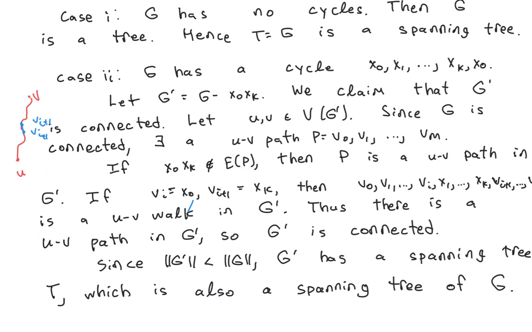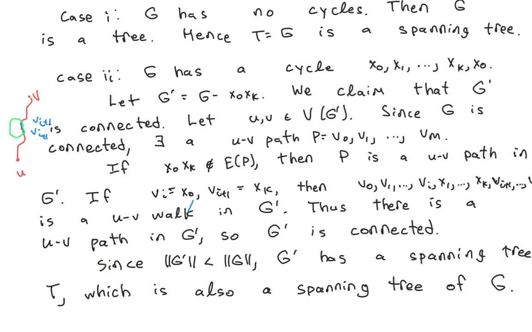Then the strategy is to take advantage of the fact that that edge was along a cycle. And so just go around the cycle. So that's exactly what we do. We follow v0 to vi, and then instead of going to vi plus 1, we go to the first vertex on the cycle. And then we go around the cycle to the end, and then we go off to vi plus 1.